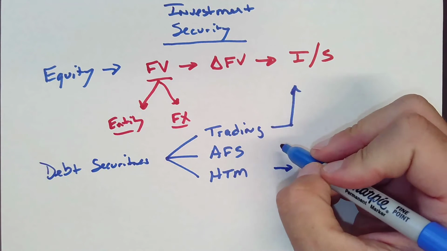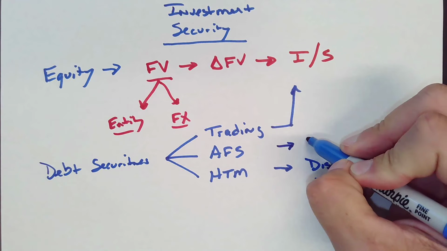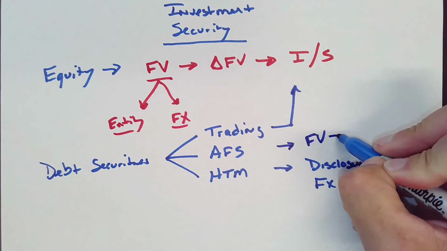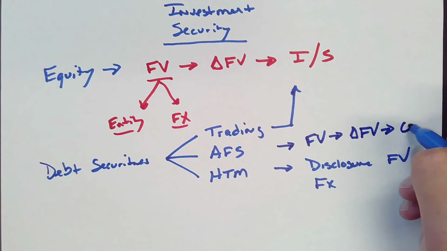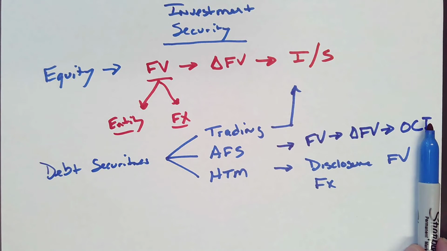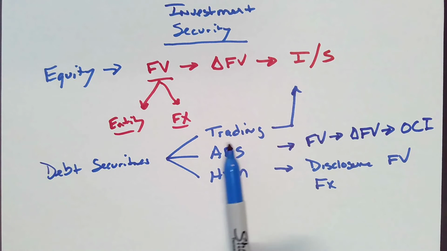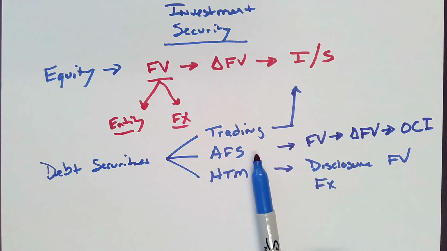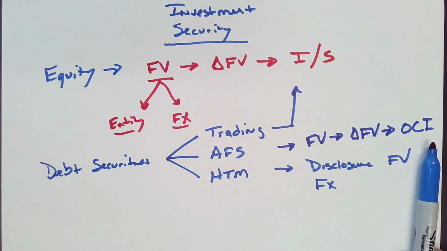Well, how do we account for available for sale securities? Well, available for sale securities are fair value, changes in fair value go to OCI. So any of the FX piece, any of the market driven piece, say it's interest rate driven and FX driven, that fair value is going to show up in OCI.